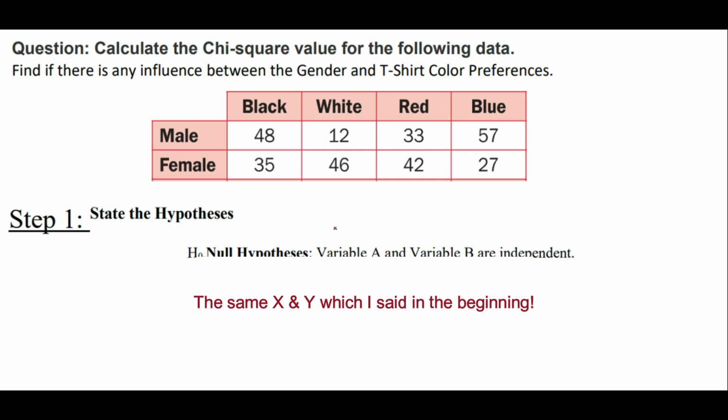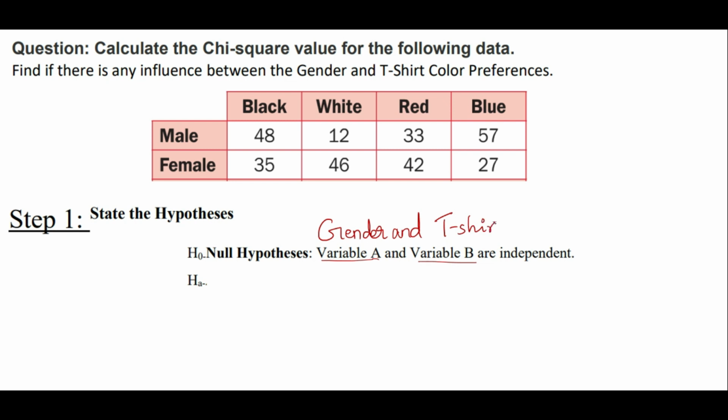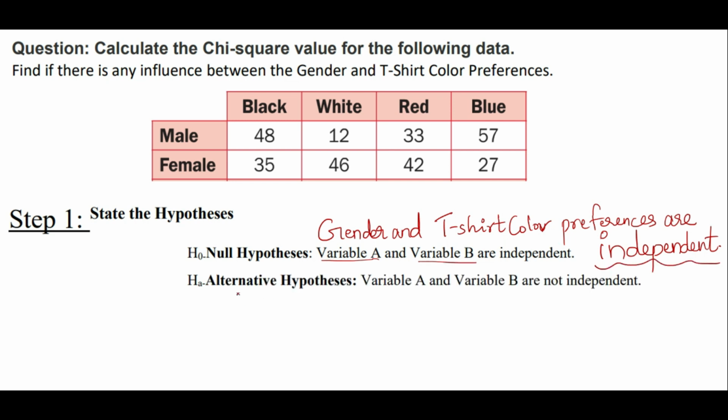So in this case, I can write gender, and my variable B is t-shirt color preferences, are independent. So this is a simple and easy statement that you can make by just introducing the word independent. And the alternative hypothesis states variable A and variable B are not independent.